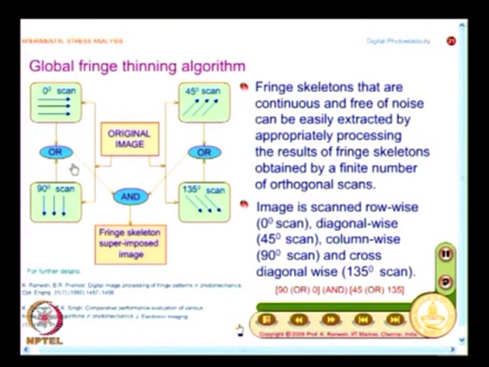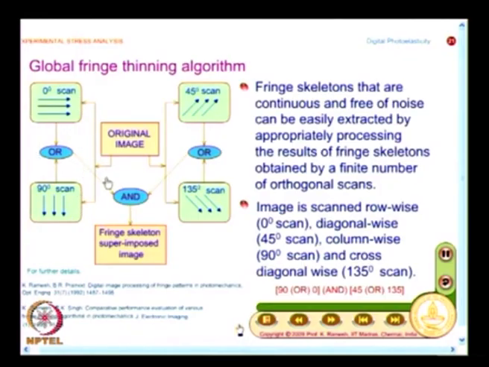But when I do an OR operation, I get complete fringe skeleton, but with some noise. And what we found fortunately was, when you do the other orthogonal scans, 45 degree scan and 135 degree scan, and do the OR operation, you get the complete fringe skeleton with noise, but the noise that you get in this orthogonal set is different from what you get in this set.